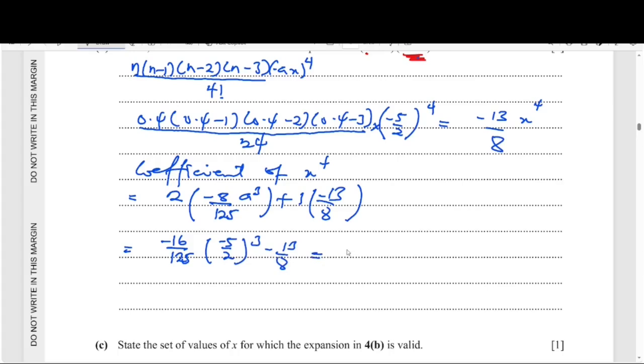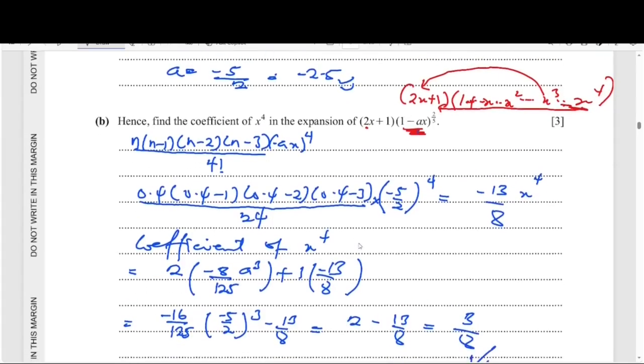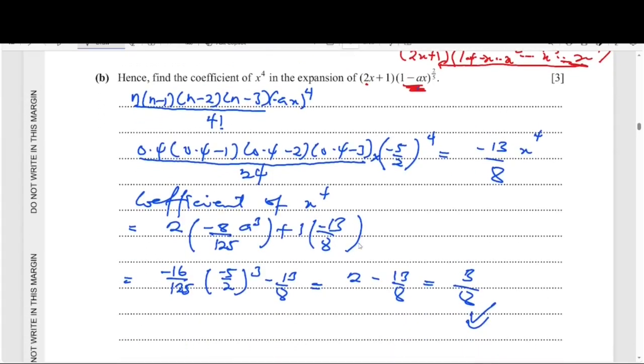That gives us 2 minus 13 over 8. And now 16 minus 13 is 3 over 8. So this is the coefficient of x^4 in the expansion of the binomial given over here, and that's our solution.